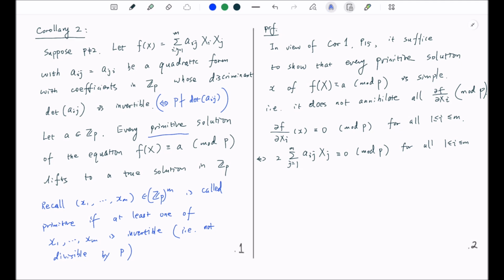And now, because 2 is not equal to p, p does not divide 2. So 2 is invertible in Z mod pZ. Therefore, we can cancel this 2 from both sides.